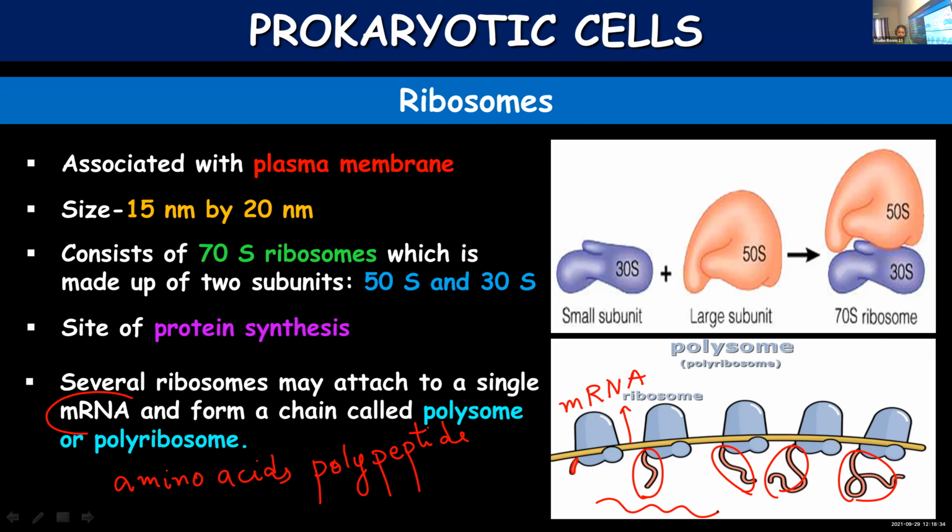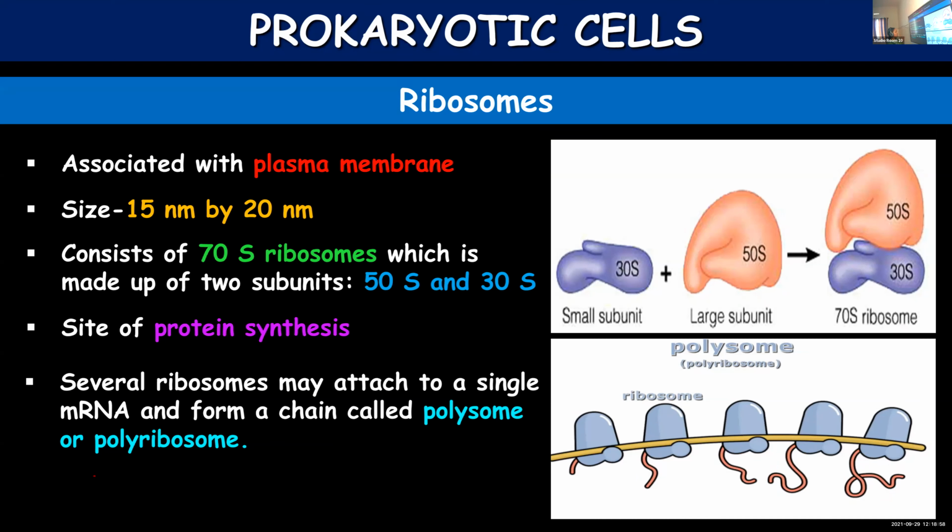Polyribosome means, as the name suggests, several ribosomes arranged on a single messenger RNA, and that chain of ribosomes on a single messenger RNA you call polyribosome. Polyribosomes or ribosomes are the sites of protein synthesis. Once again, we'll summarize the points. Several ribosomes attached on a single messenger RNA, forming a chain, you call polyribosome or polysome.